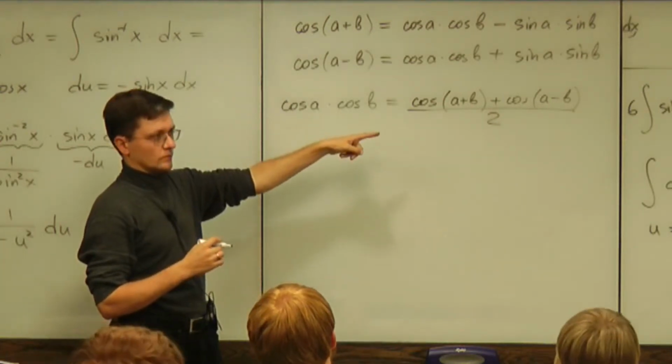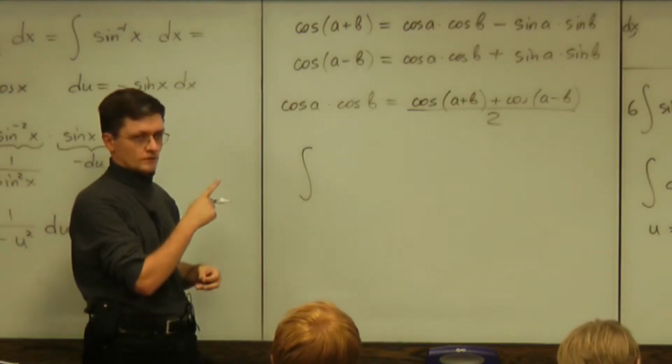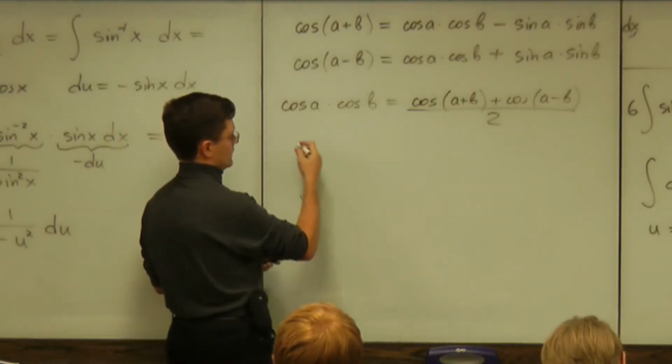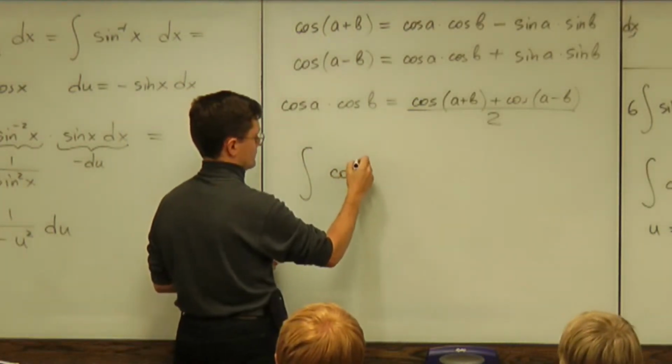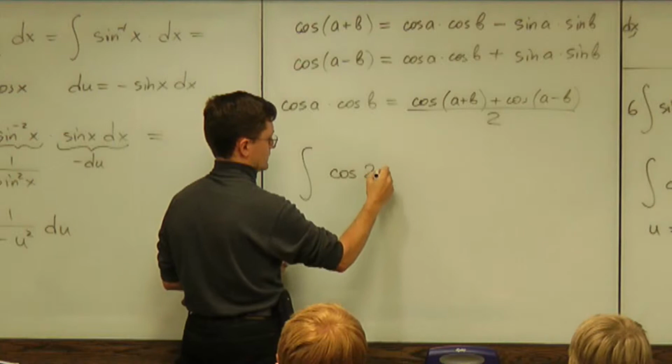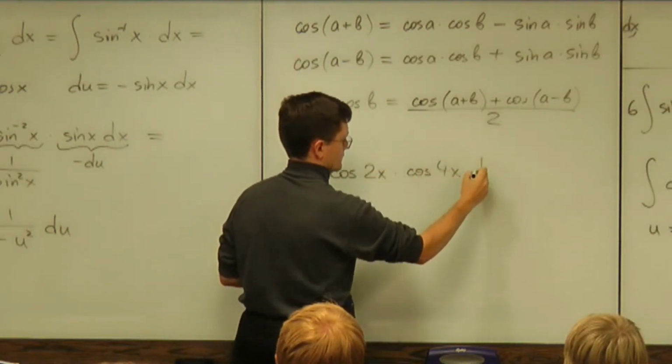And why is that helpful? Well, it is helpful for the important case that we will have to cover when you do something like a product of cosine of 2x times cosine of 4x.